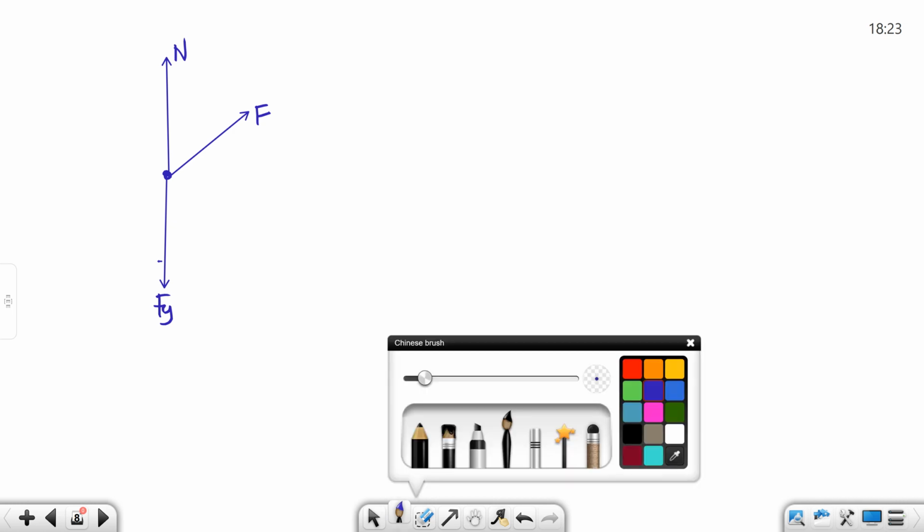If I have a force this way, and I have my normal this way, and I have my Fg this way. So my force, do you see it's pointing upwards, right? When I resolve this, what am I going to have?